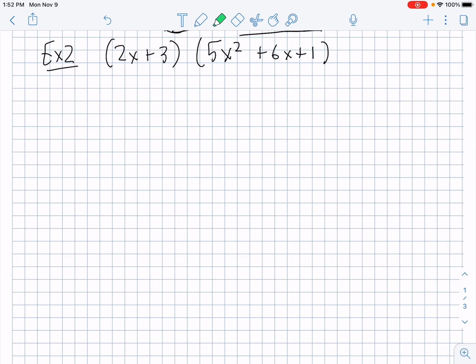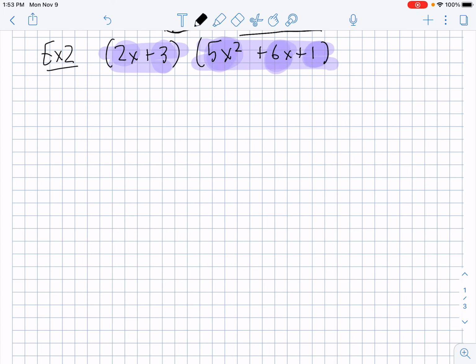So this time we have a binomial times a trinomial. And everything here, the 2x, has got to multiply everything here, the 5x squared, the 6x, and the 1. The 3 also has to multiply everything, the 5x squared, the 6x, the plus 1.